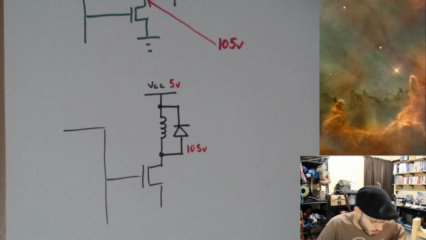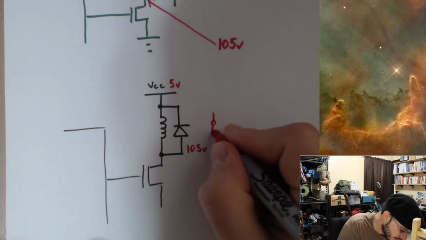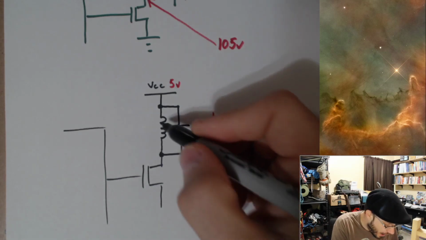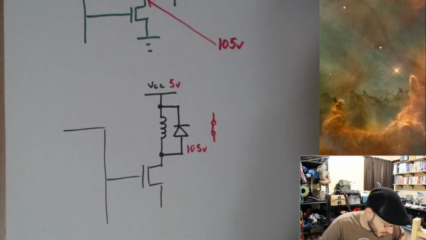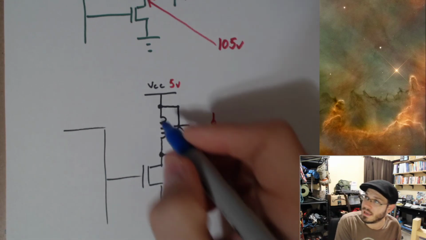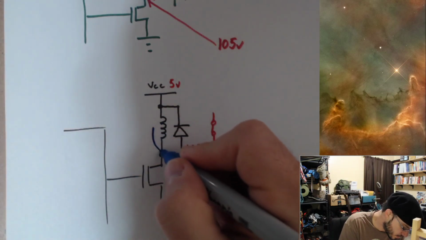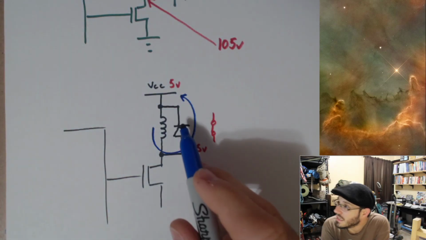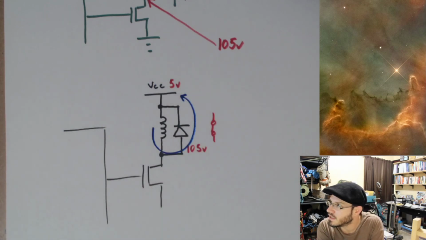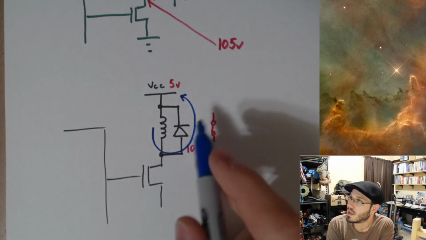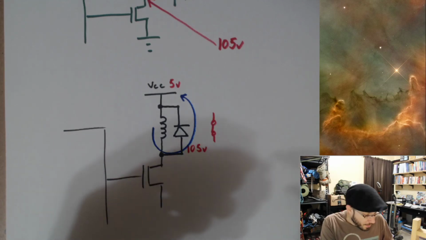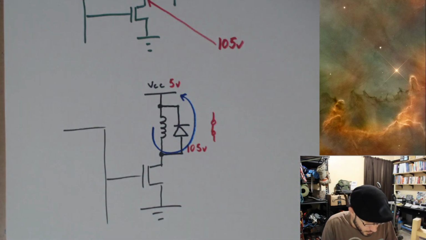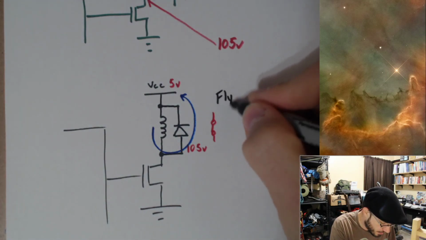That means this diode is going to conduct, and it's going to allow the induced voltage from this collapsing magnetic field to safely discharge into the positive side of our voltage source. Now, this is very common to do, and there's a name for this. We call this a flyback diode.